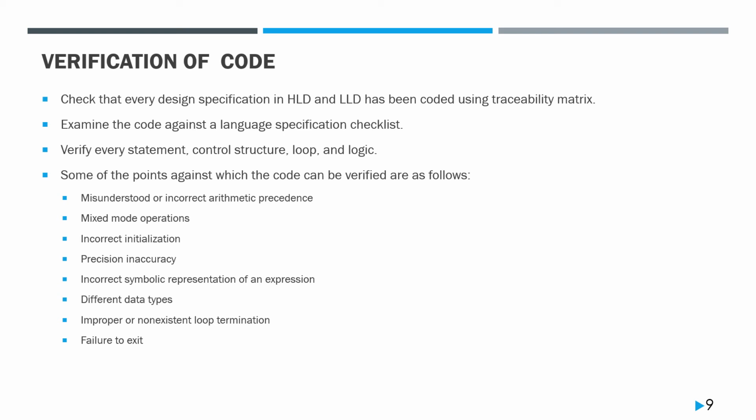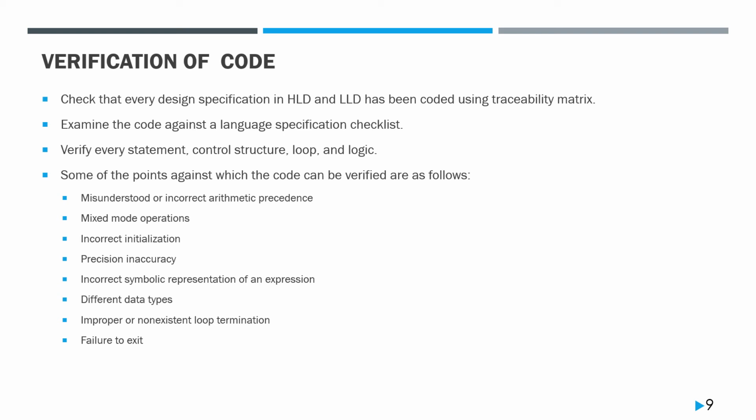Therefore, the operational software which is ready now is not reliable, and when bugs appear after this phase, they are very expensive to fix. Since low-level design is converted into source code using some language, there is a possibility of deviation from low-level design. Therefore, the code must also be verified.